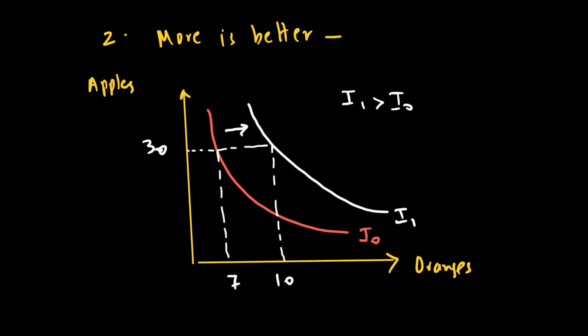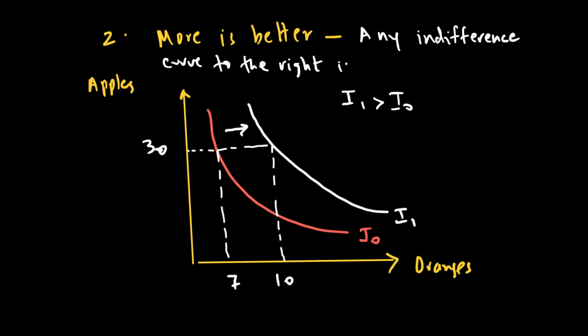And I can write that more is better means that any indifference curve to the right is resulting in higher utility.